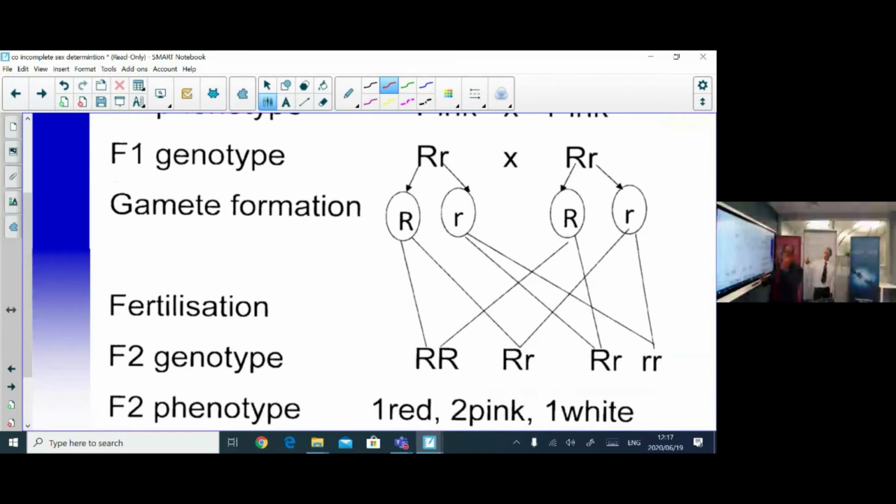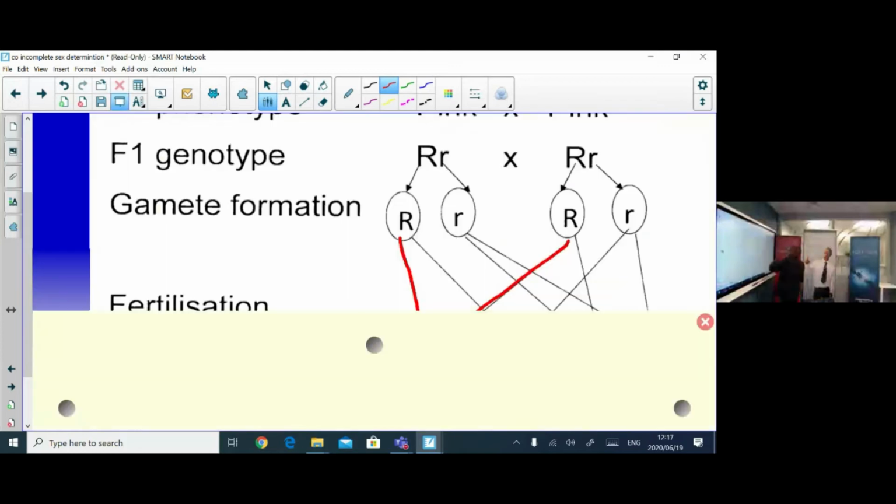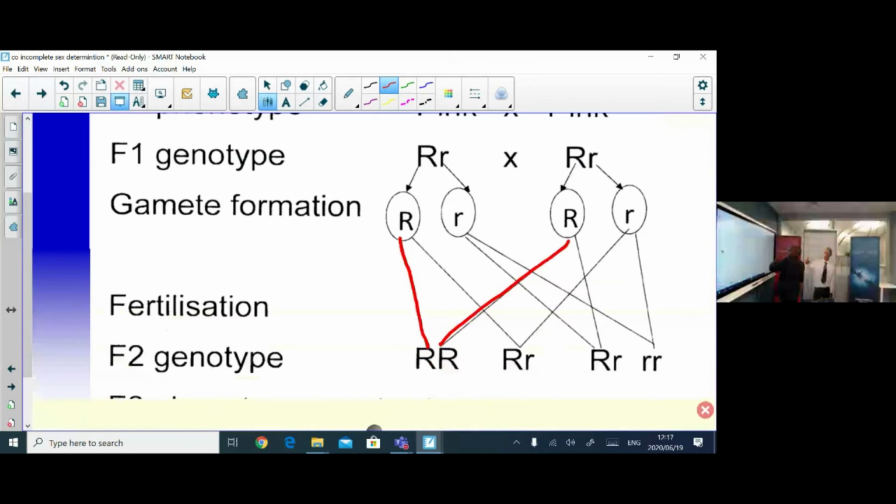Let me do it again. R and R. That's R, R. Okay. This one we need to be looking at now. Perfect. I hope you haven't already stretched your eyes to see somewhere where I don't want you to see at this point in time.